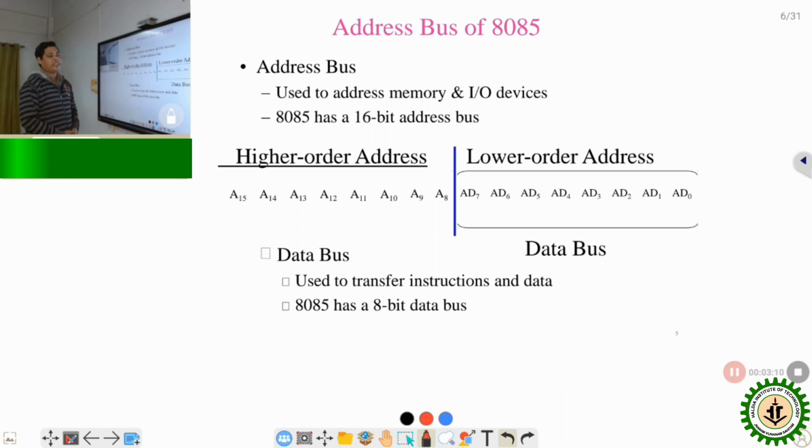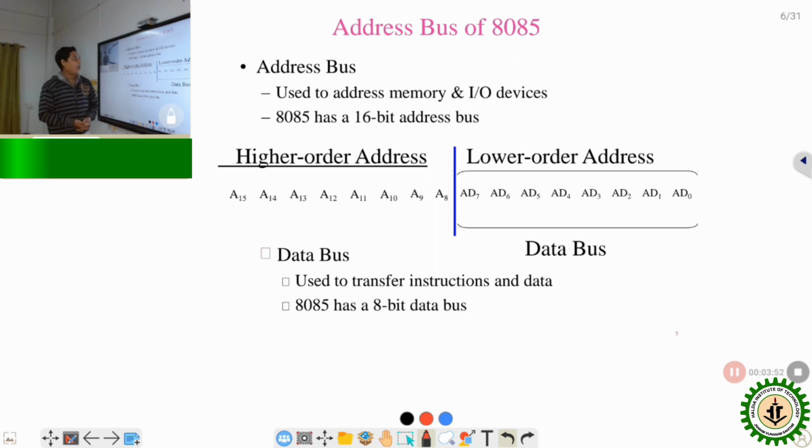So address lines, what is their purpose? The address lines are used to address the memory or IO devices. When the processor wants to communicate with any device, maybe IO or memory, and it is known that in a memory there are so many locations, each location of the memory is identified by its address. Similarly, a number of IO devices can be connected with the system, so each device has some particular address.